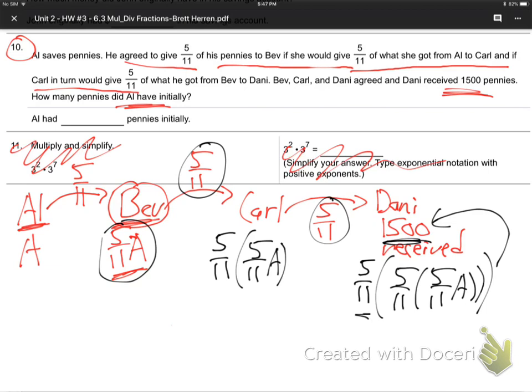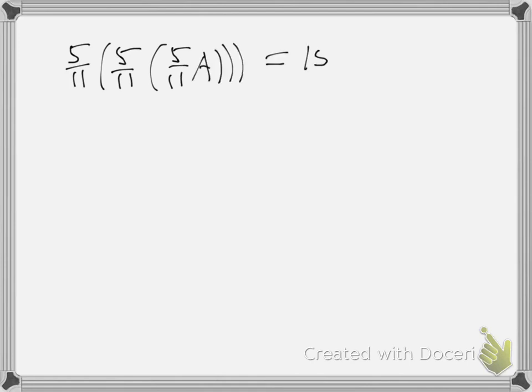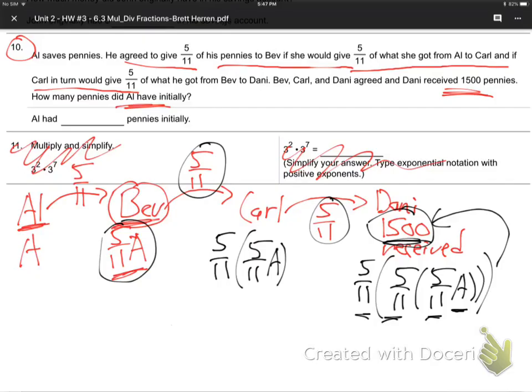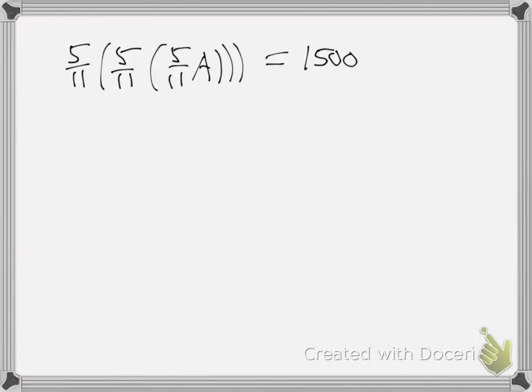Basically three factors of 5/11 of A, the original amount Al had, goes to Danny, and that's 1,500. So 5/11 times 5/11 times 5/11 A equals 1,500. There's our equation. Solve that for A.